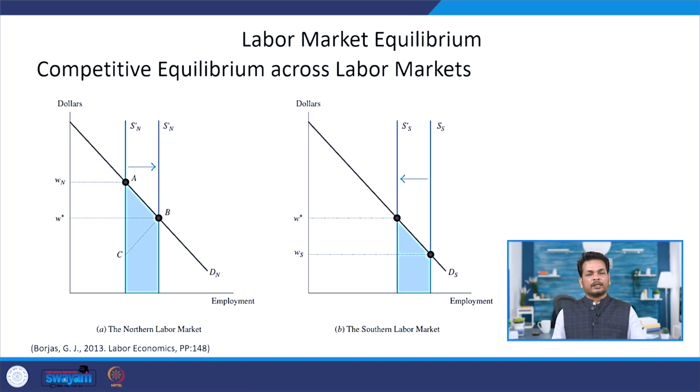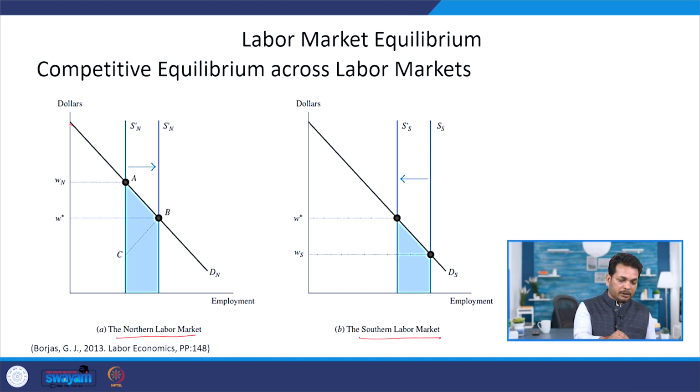Now, let us try to understand how the competitive equilibrium is achieved within these two different labor markets. On this side we have taken the labor market for the north region, and on this side we have taken the labor market for the south region.